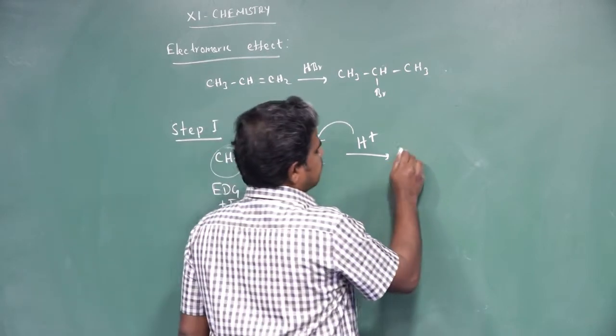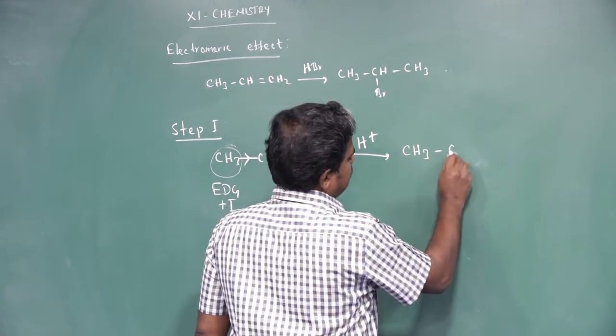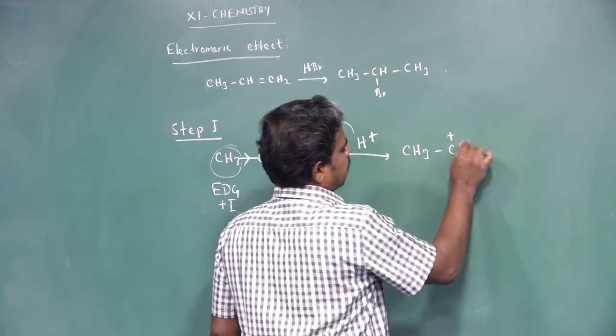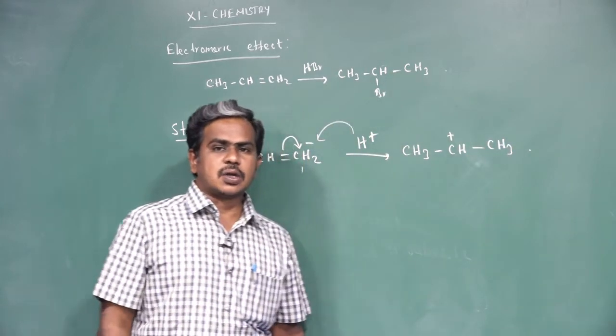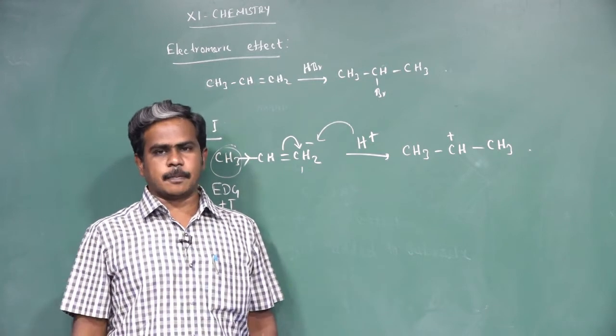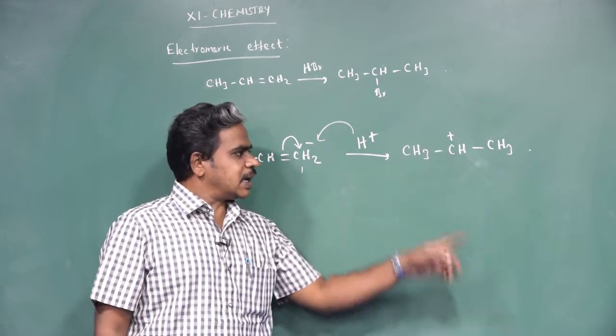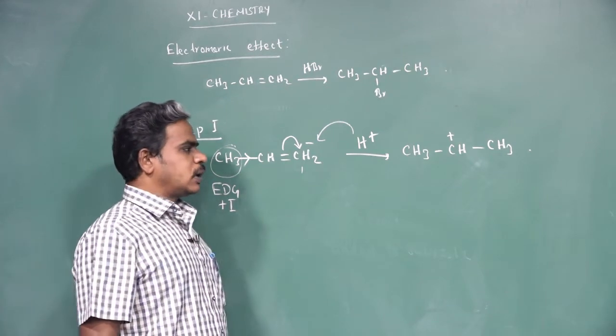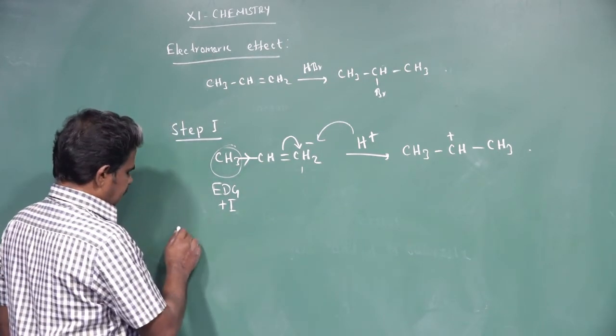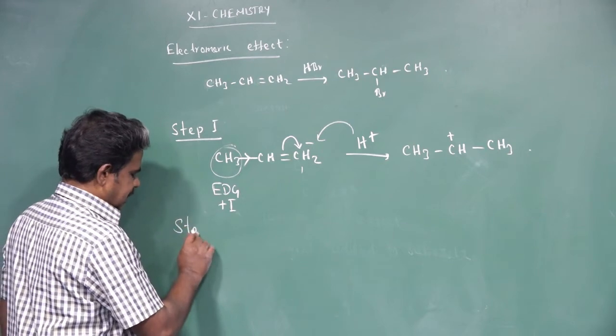So we are getting CH3, CH plus, and CH3. So we may produce a carbocation, an isopropyl carbocation. Now we may take the second step.